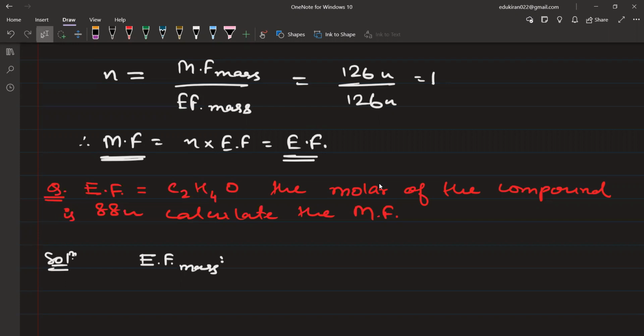Send the answer in chat. What is the empirical formula mass?